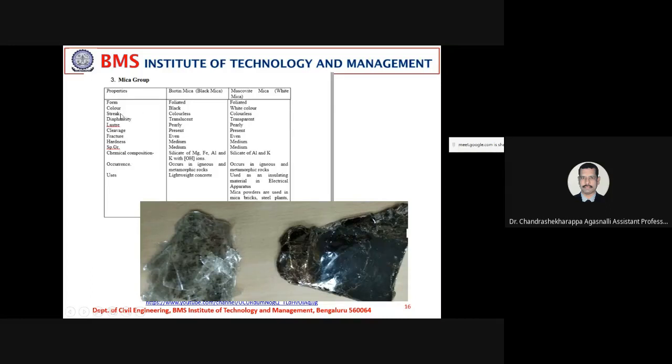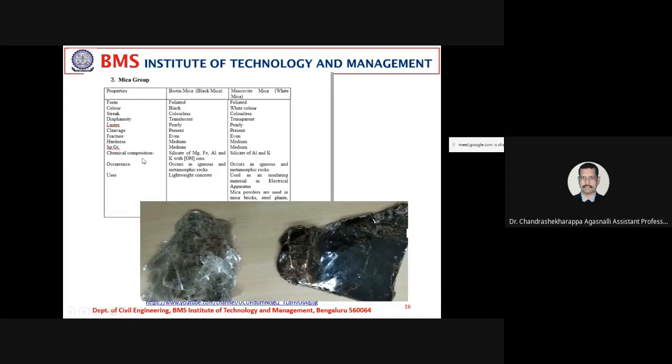The streak will be colorless or it may be white. Diaphaneity is translucent. It may not transmit the light 100%, only partially, because when you take it, it's a very thin section, just like thin paper. That much thickness will be there.